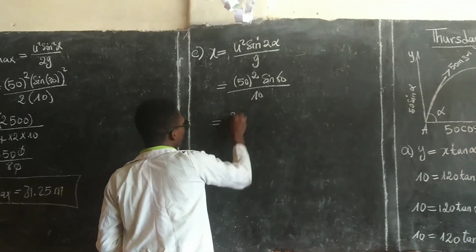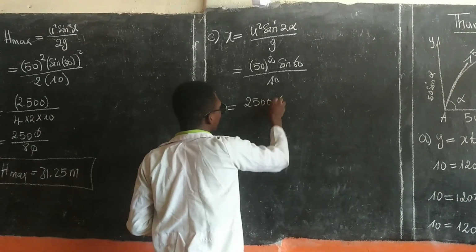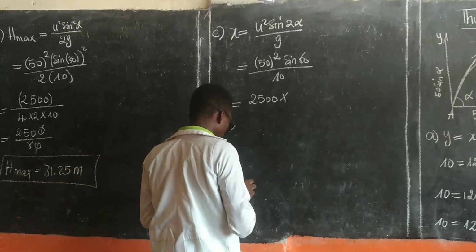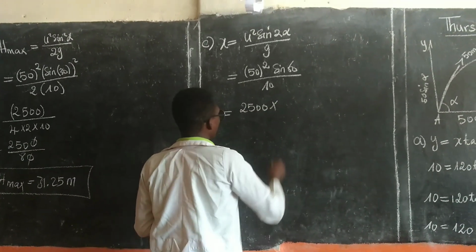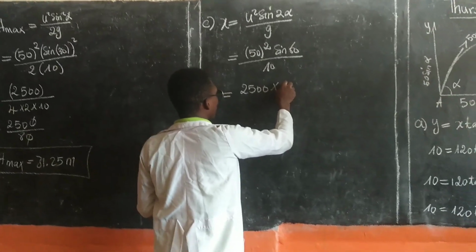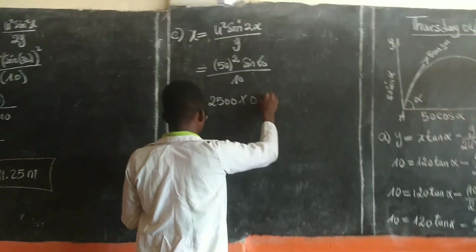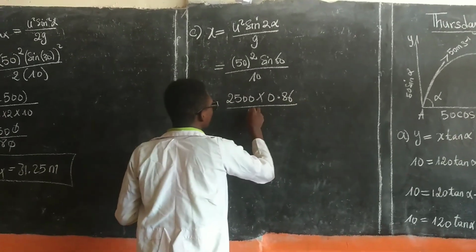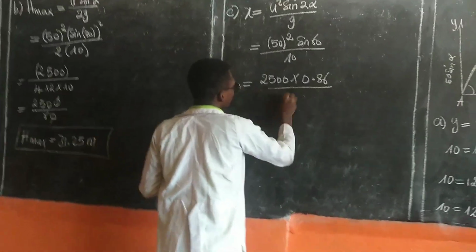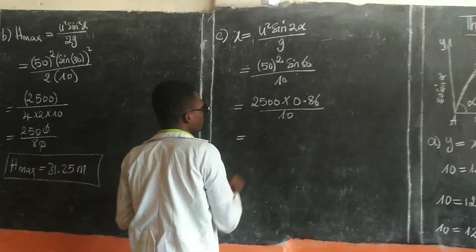Now 50 squared is 2,500, and the sine of 60 is 0.86, on 10.